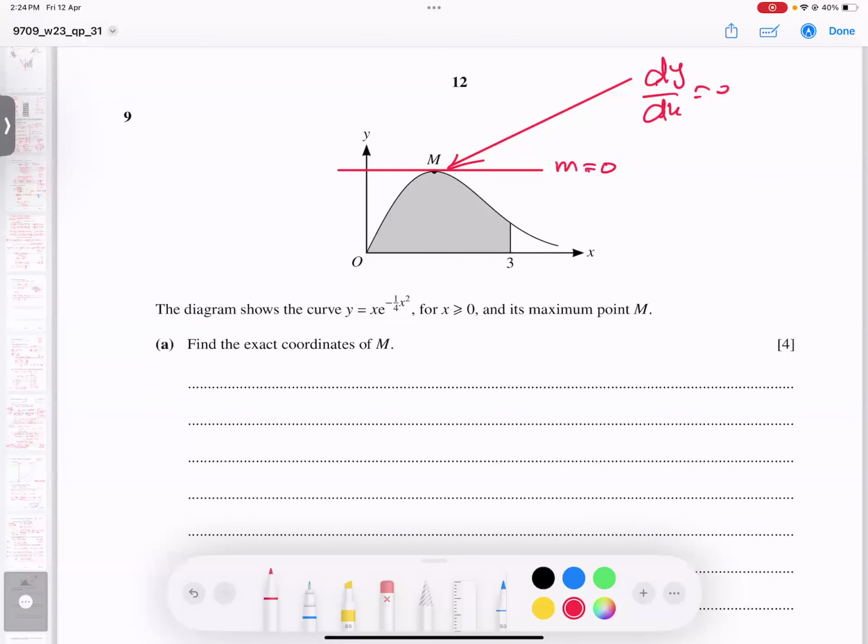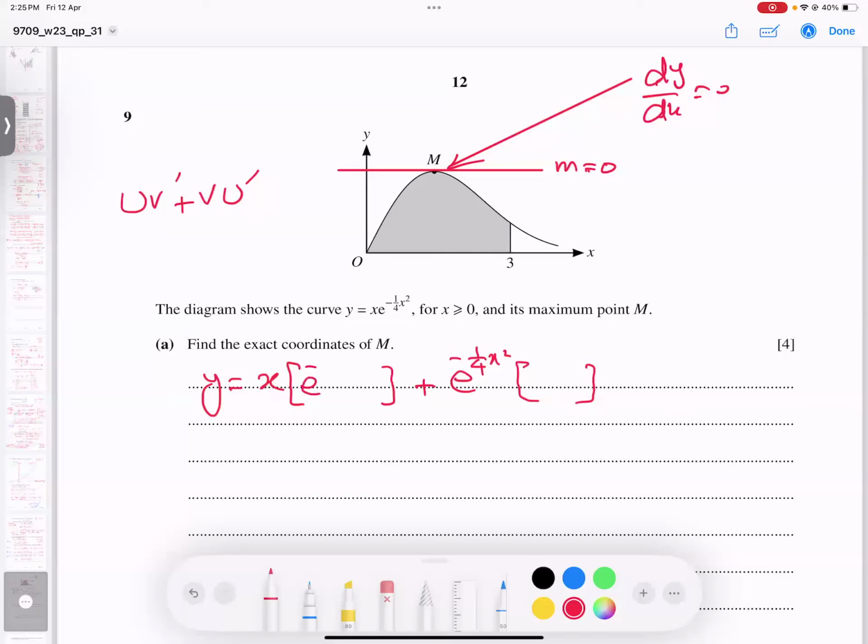So first of all, what is the product rule? Because they're multiplying. Product rule: u copy v dash, v copy u dash. Let's apply it: first copy the function, this one, and the second derivative, then e to the power of negative 1 over 4 x squared copied, and the derivative. What is the derivative of the exponential?